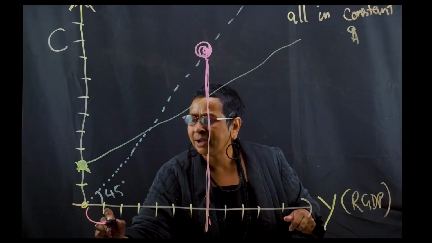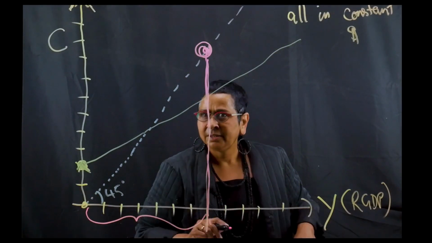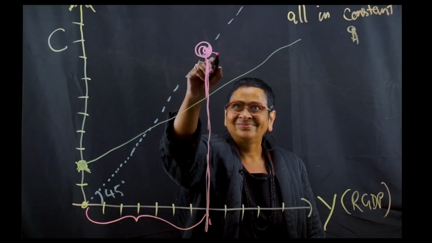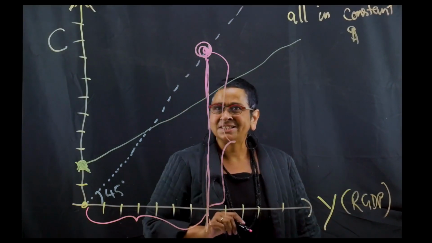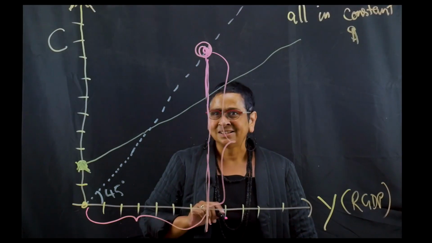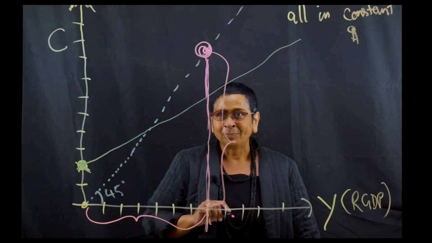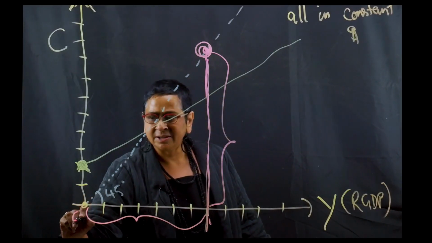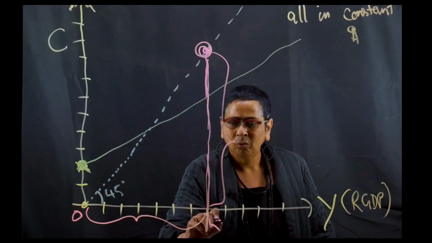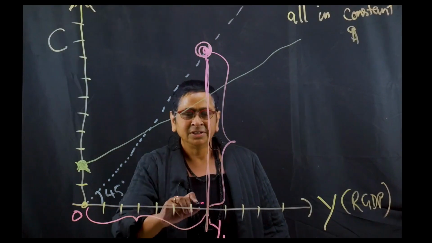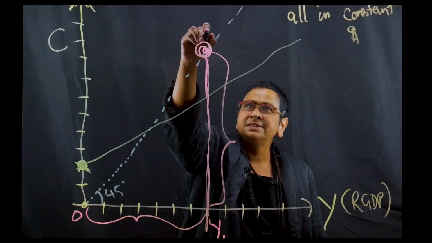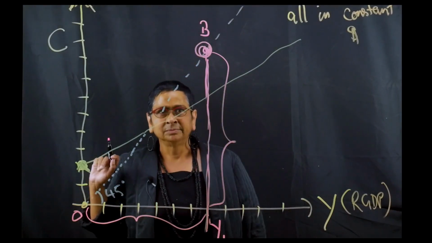I know that by definition, this distance is going to be the same as that distance. Can everyone see that? Because the units are the same, this distance that I'm going to call OY1 is going to be the same as this distance that I'm going to call Y1B.